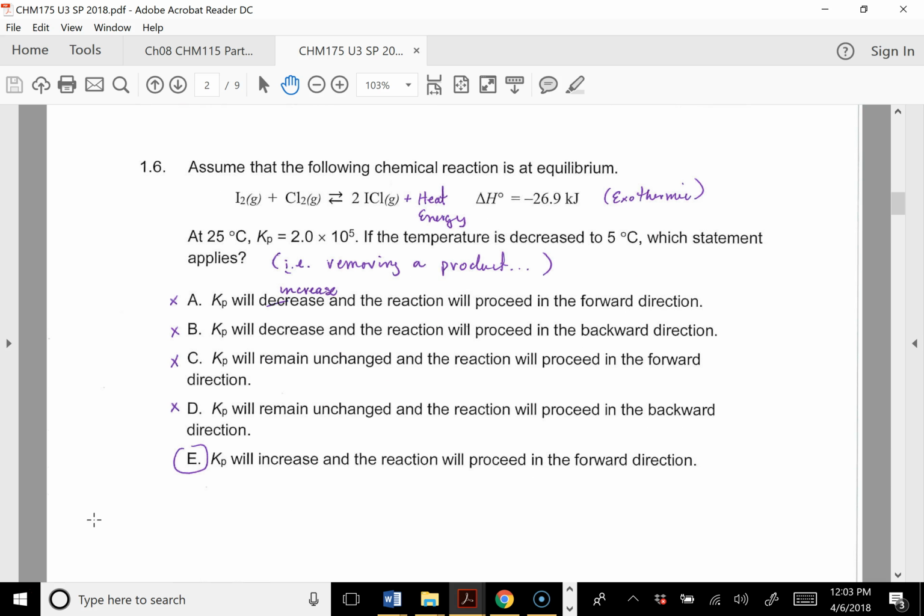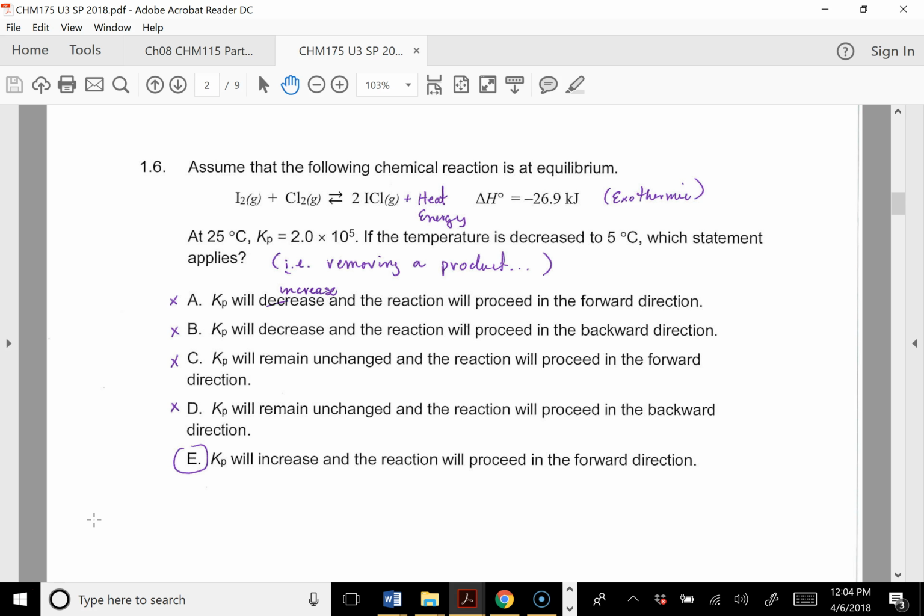Question 6 then is, notice I went ahead and added heat on the product side because it was exothermic given that delta H. I don't think we needed that though. But the correct statement is E here, that your Kp, also your Kc, will increase and the reaction will proceed in the forward direction if you cool it down.